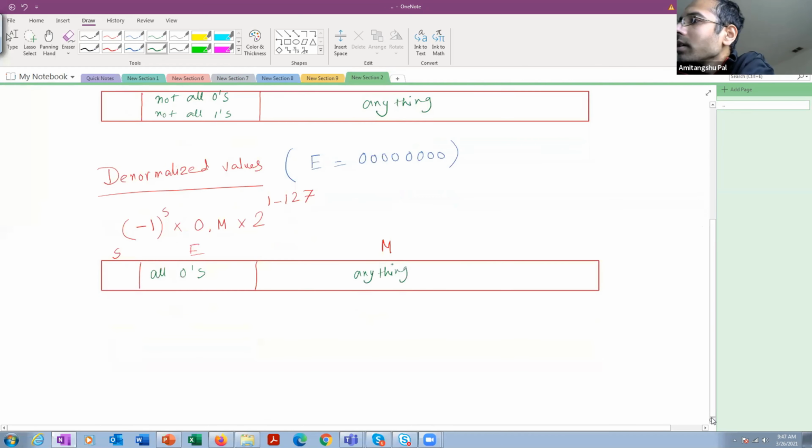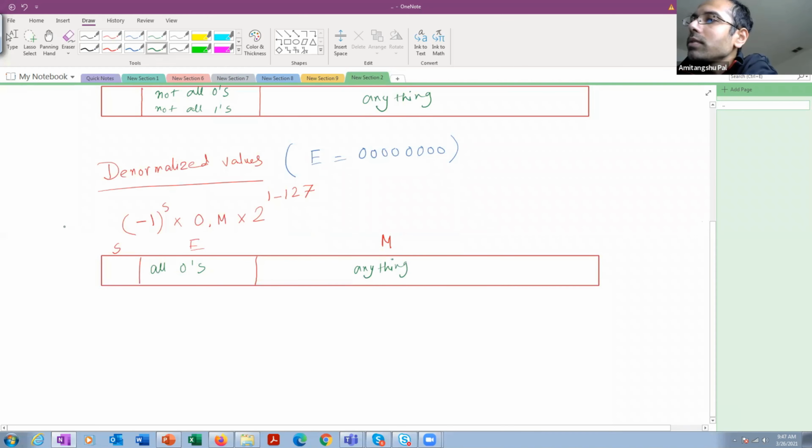Let's see by using this formula whether we can represent 0. Suppose I want to represent 0, then the sign bit is 0 because it is a positive number, and as it is representing a denormalized value, all the exponent bits are zeros. And if I want to make this field 0.m equal to 0, then I need to put all the mantissa bits to be 0.